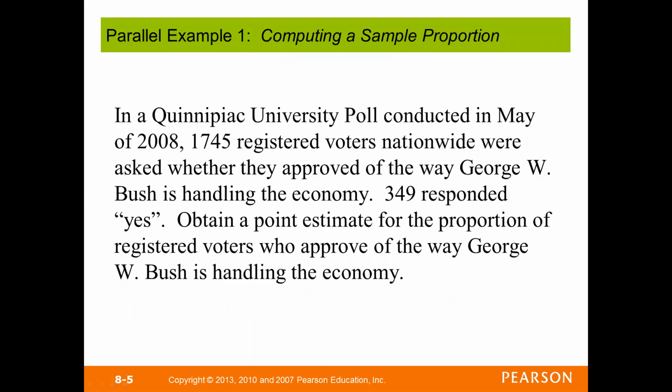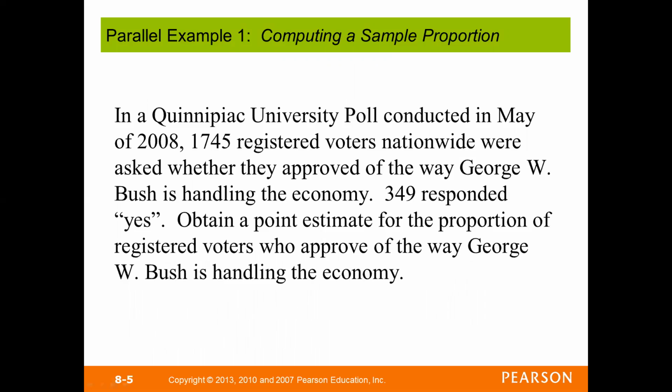For example, in a Quinnipiac University poll conducted in May 2008, 1,745 registered voters were asked whether they approved of George Bush's handling of the economy or didn't approve. 349 responded yes, they approved of his handling of the economy.